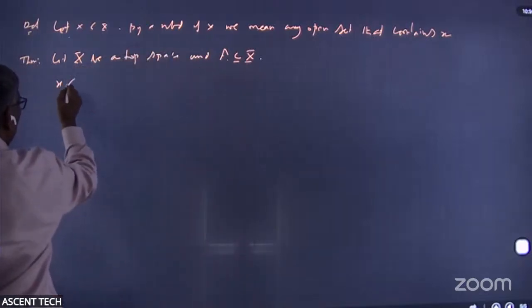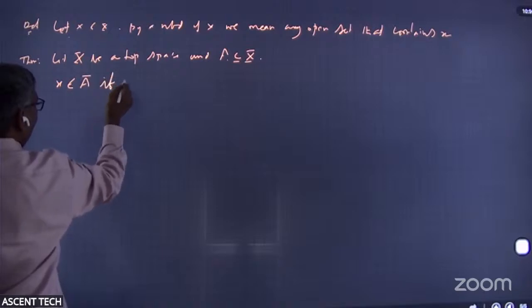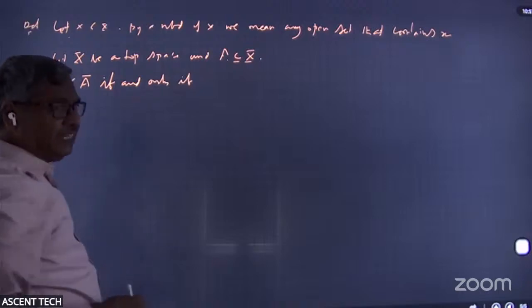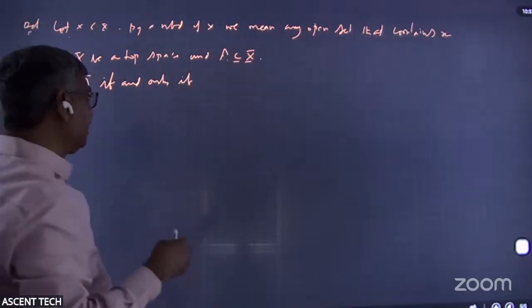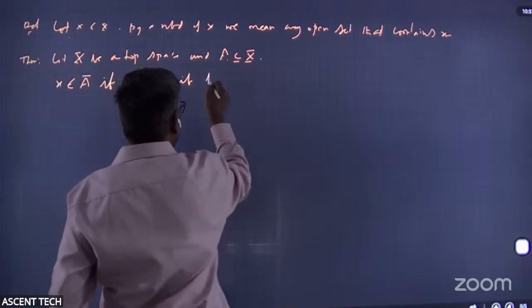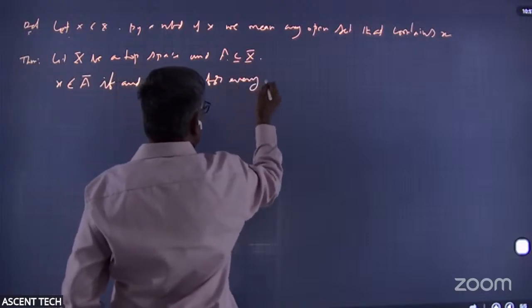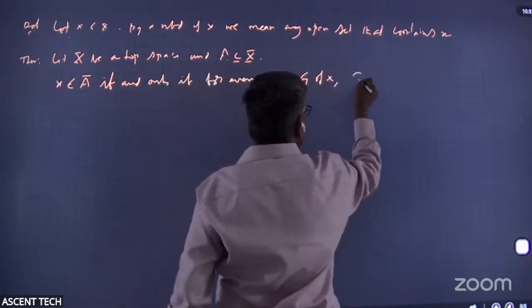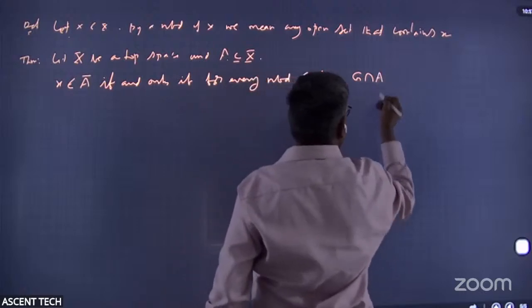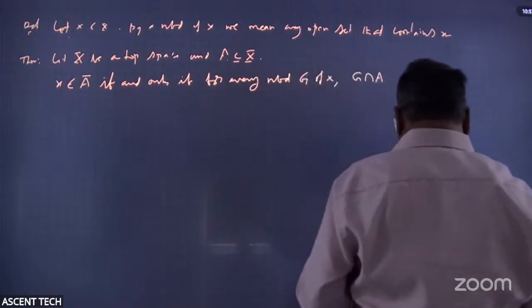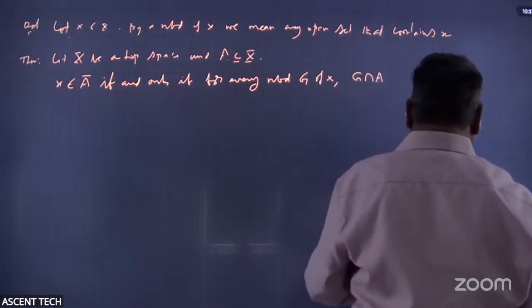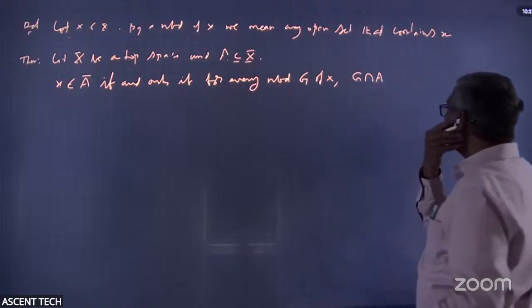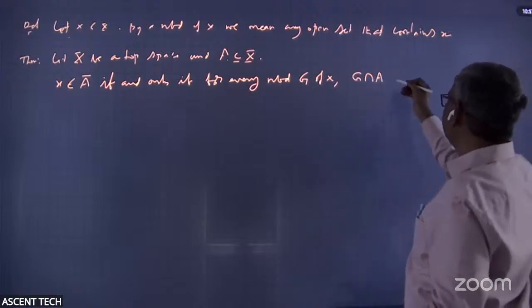Then x belongs to A bar if and only if for every neighborhood G of x, that means every open set G that contains x, G intersection A is non-empty.